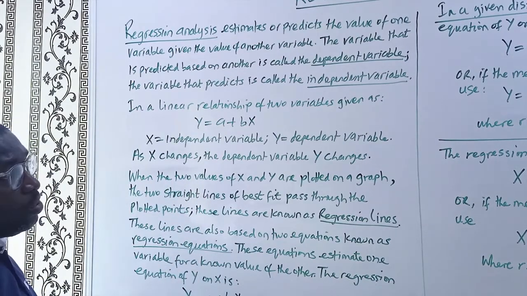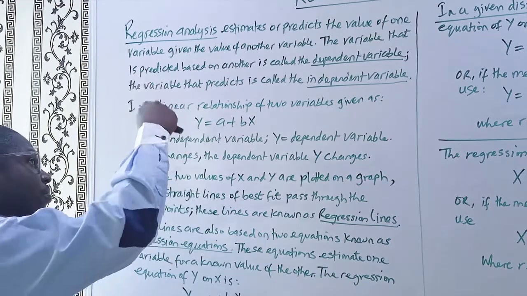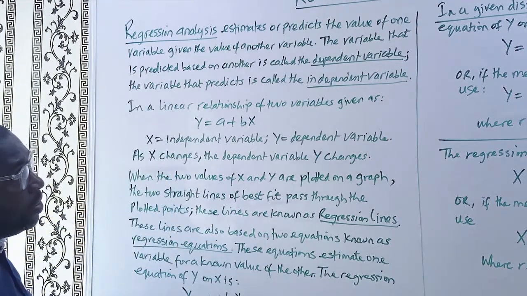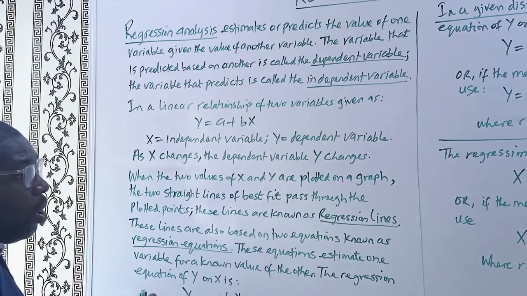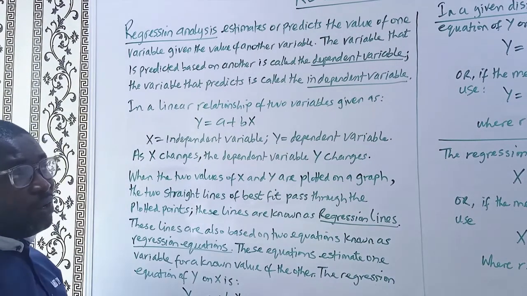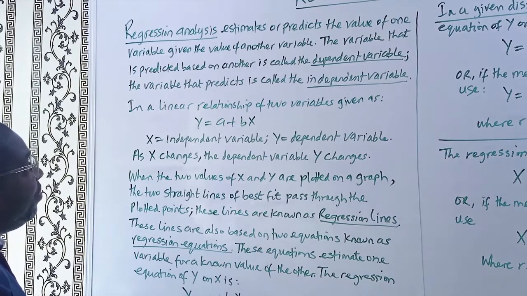Based on the variable you're given, you now predict what the other will be. The variable that is predicted based on another is called the dependent variable, because it depends on what the other value is. Also, the variable that predicts is called the independent variable.